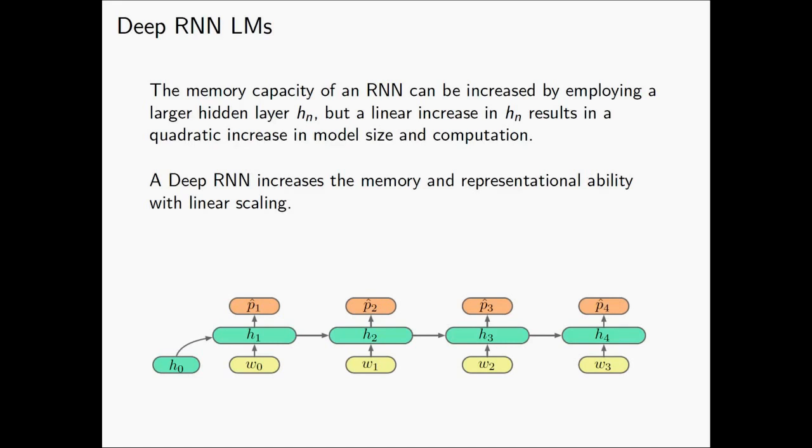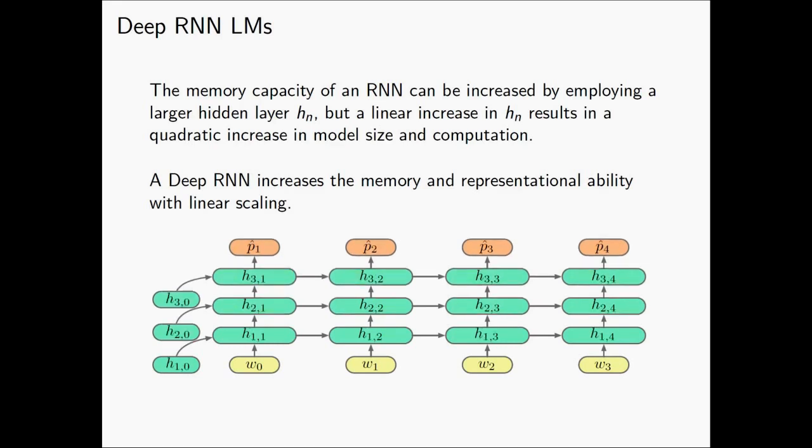The most popular option that you see is to make them deep in the vertical dimension here. So we can add extra layers of network, and we can feed the hidden layer of one recurrent layer into the input of the next one. And we can do this as much as we want.